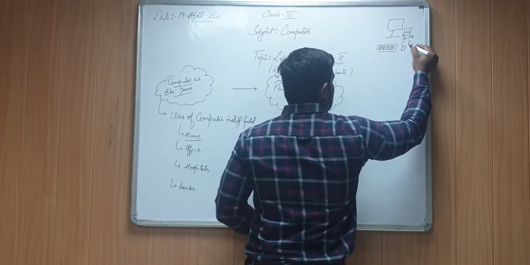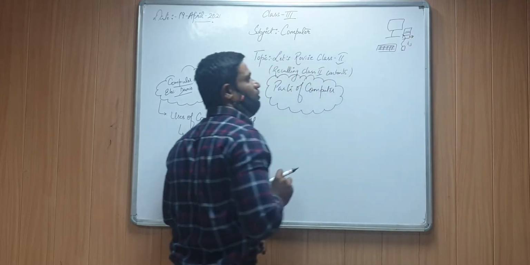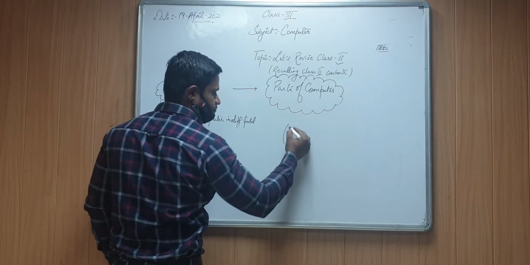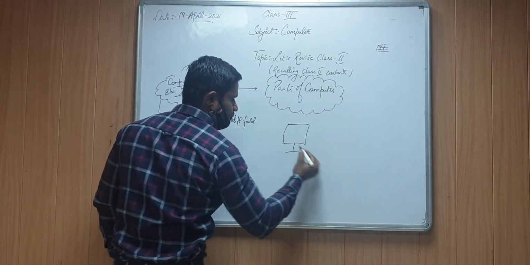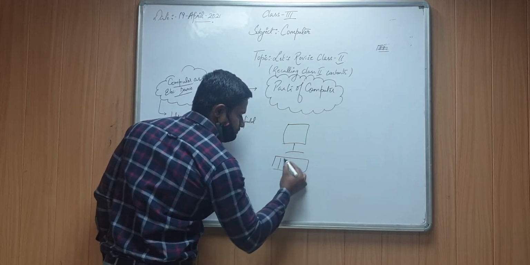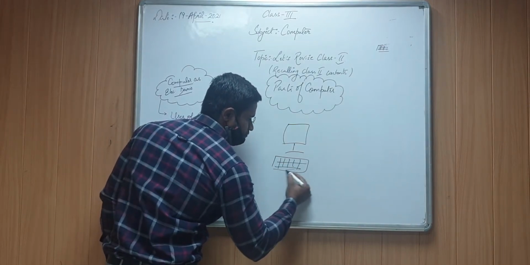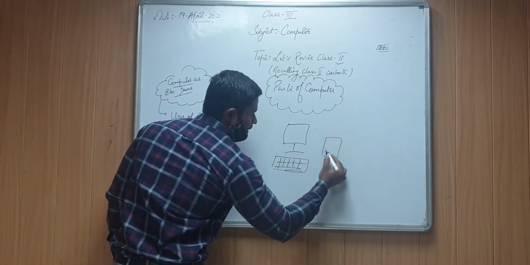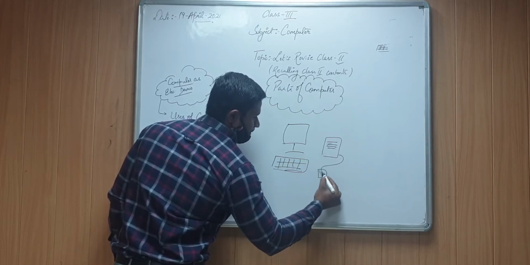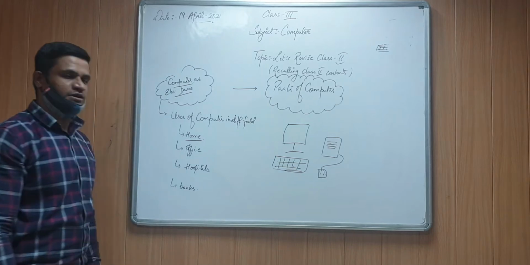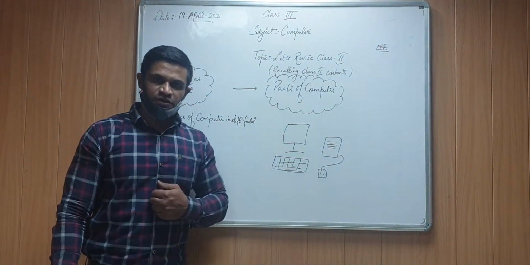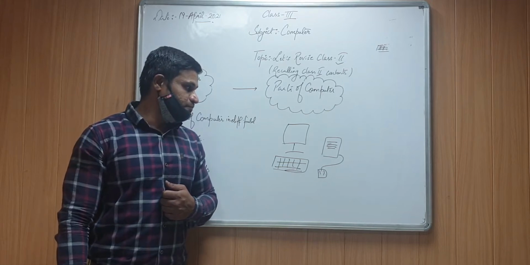This is the brain of the computer. I'll draw here the output unit, the input unit, and the brain of the computer, which is known as your CPU. Something like this. This is a computer system, or you can say a desktop image I have drawn here.